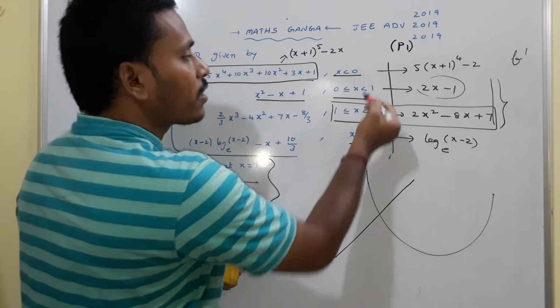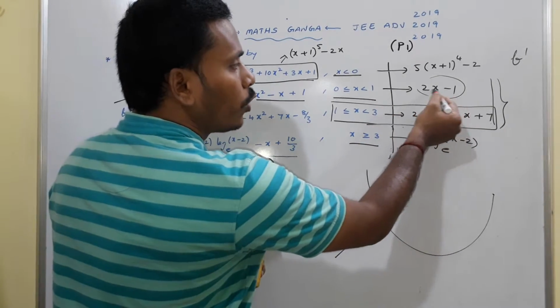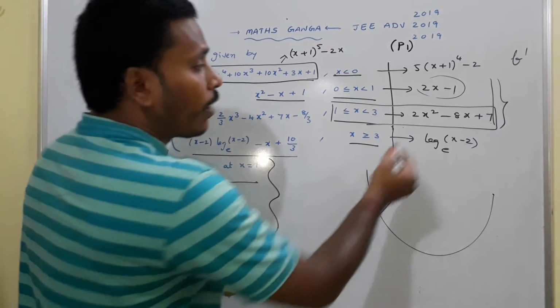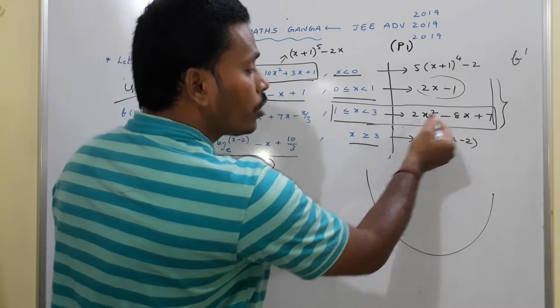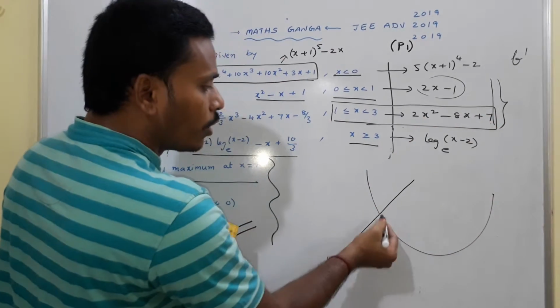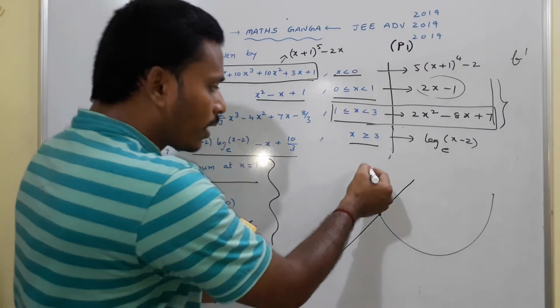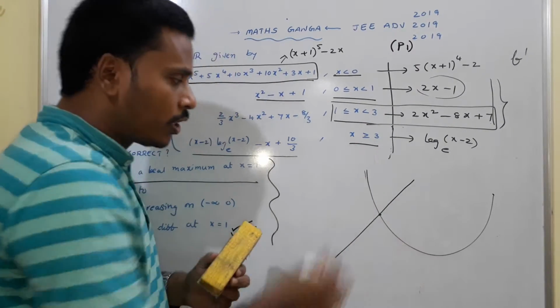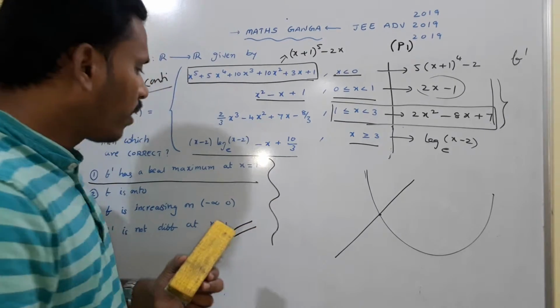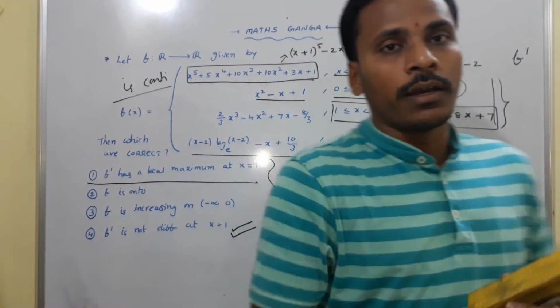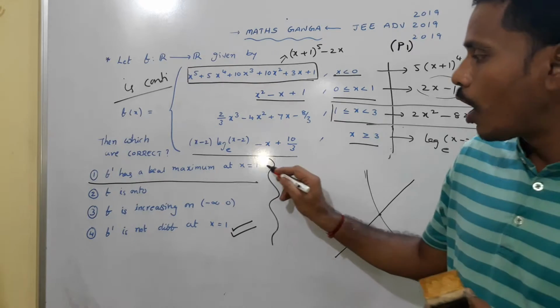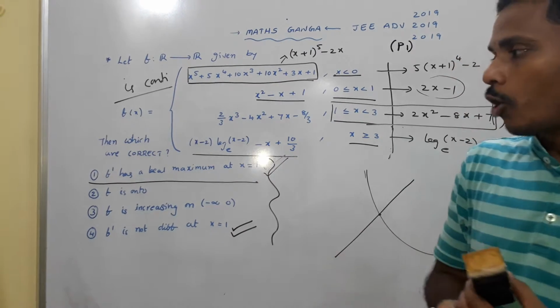And if you check for x equals 1, its value is what? 2 into 1 minus 1 is 1. And for x equals 1, here also its value is 2 plus 7 minus 8, which is 1. So this is the common point for the line and the parabola. So clearly this is a sharp corner. So at that point we will have a local maxima for f dash. So option 1 is also a correct option.